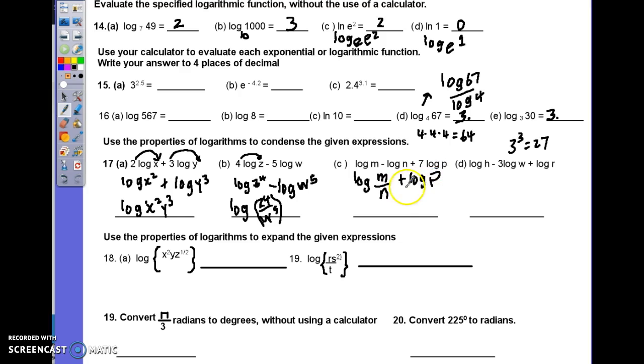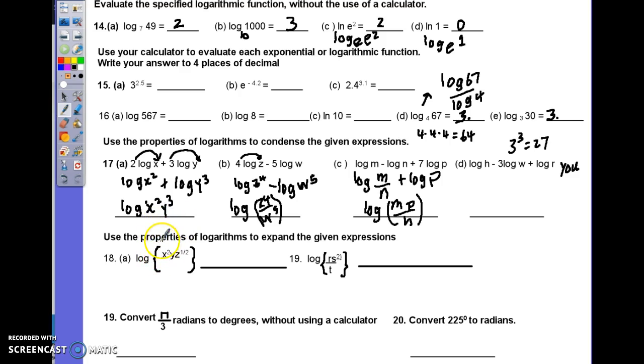And we could use the product property and bring these together. So here we have log m times p over n. So when you have a plus, it's product. When you have a subtraction, it's division or quotient. So that one is for you, especially you, Leah, if you're watching.